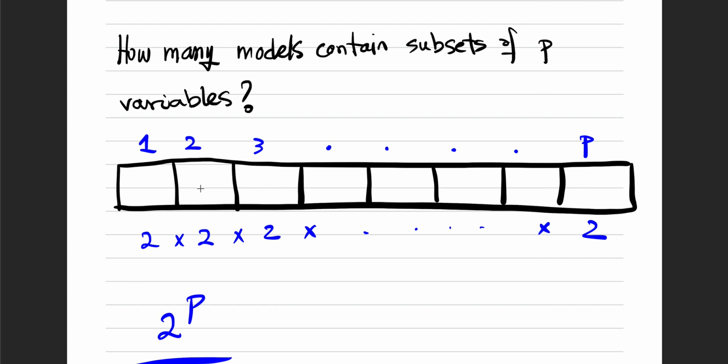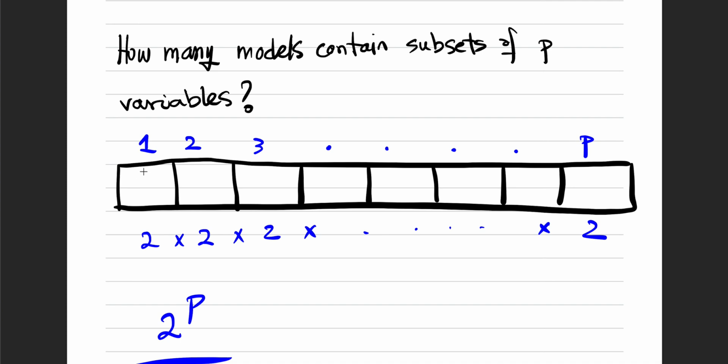So you can think that for any subset of variables, we can have a sequence of 0s and 1s with p digits, a binary word with p letters, where each letter can be either 0 or 1.